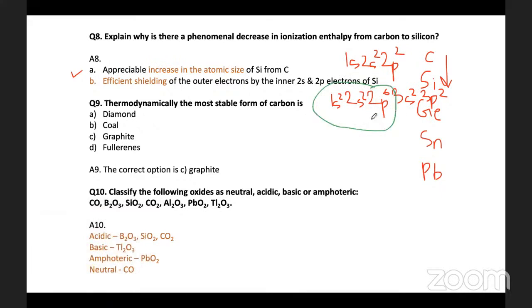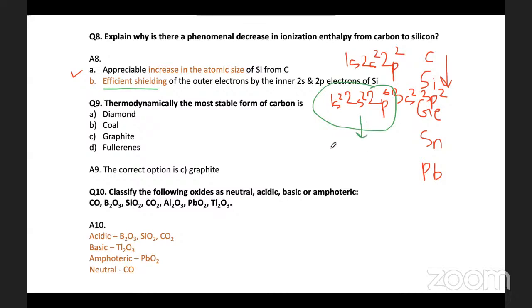That's why they produce efficient shielding of the outer electrons by the inner 2s and 2p electrons. s and p orbitals are very good shielders.